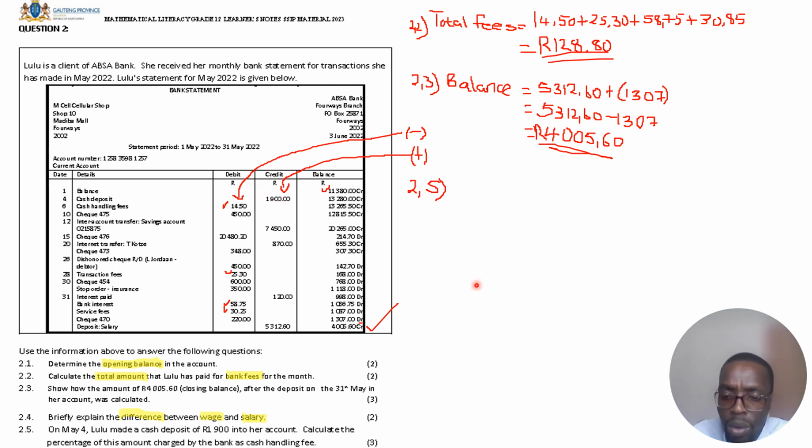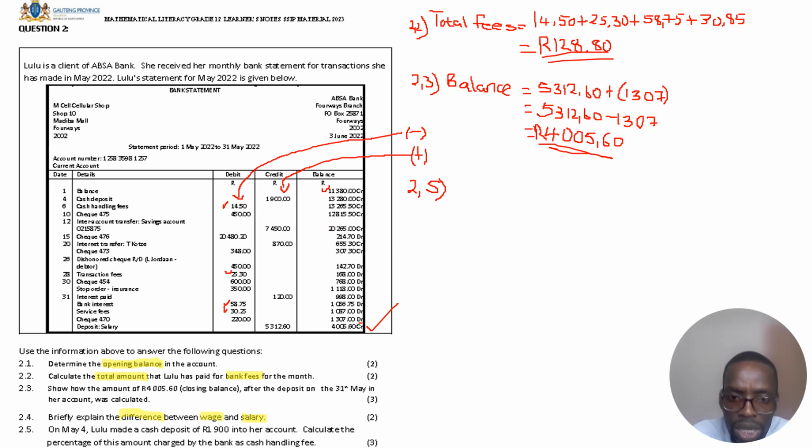Are we together there? What percentage did the bank use to arrive at this 14 rand 50?